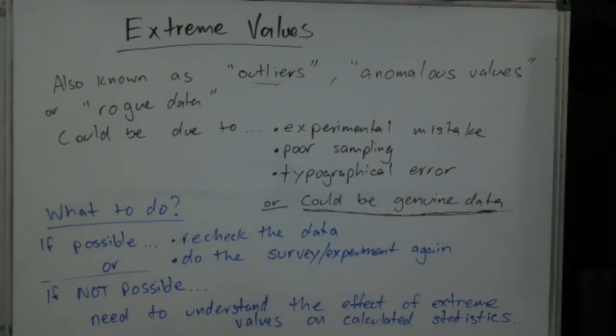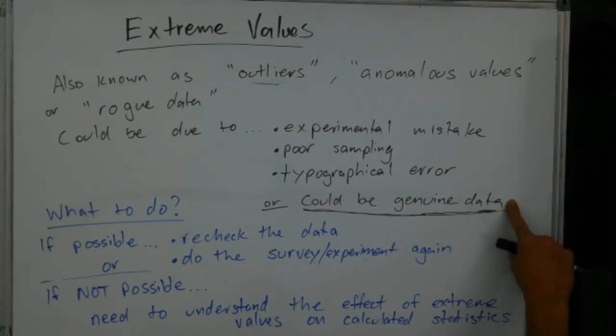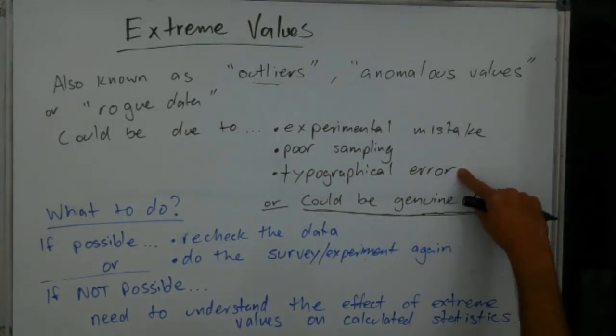And so what to do if you recognise that there may be an extreme value? If possible, recheck the data or do the survey or experiment again. So that's try and recollect the data. You might find that yes, we rechecked and that outlier was an actual piece of data, or you might recheck it and realise, oh no, we made a typographical error.